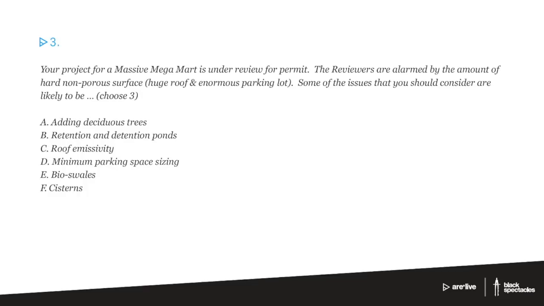So clearly, what this question is really about is that the reviewers are alarmed by how much non-porous surface there is. This is about flooding. There's too much water on the site, it can't just penetrate down and become part of the water table.